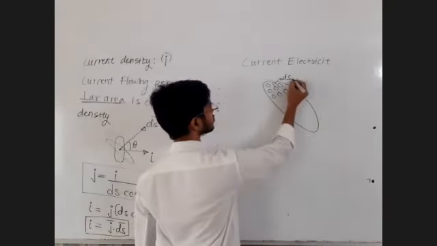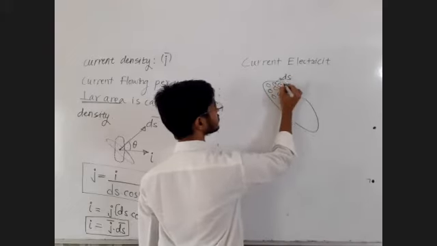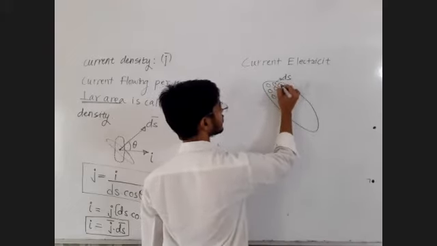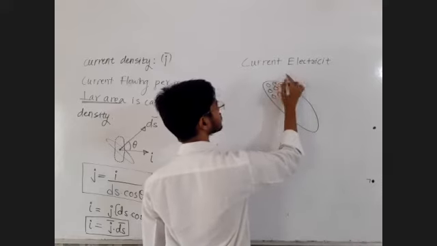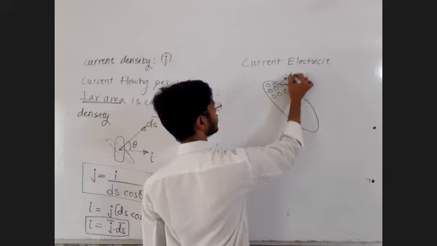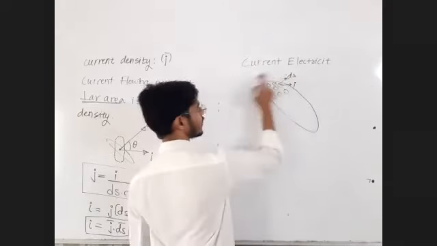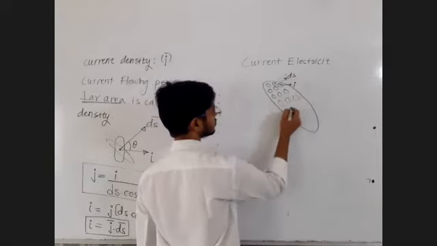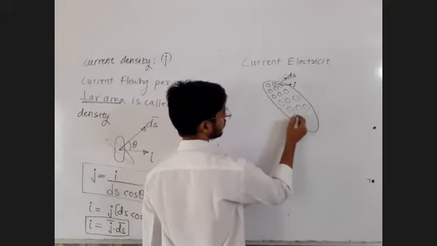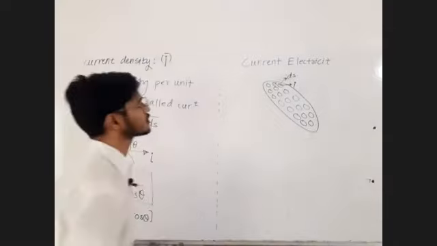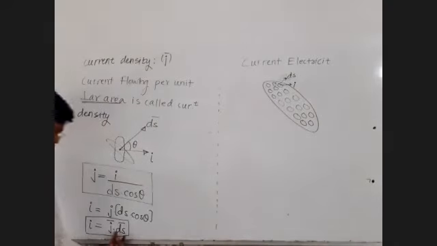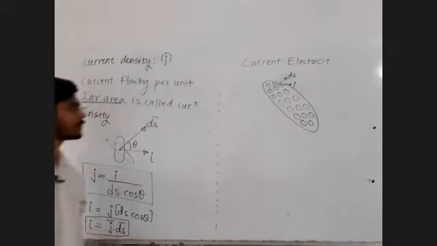A small area vector ds, a small current I. Over the entire area, if you want to find out the current, then you have to consider all such ds, and current through all such ds, you have to integrate.